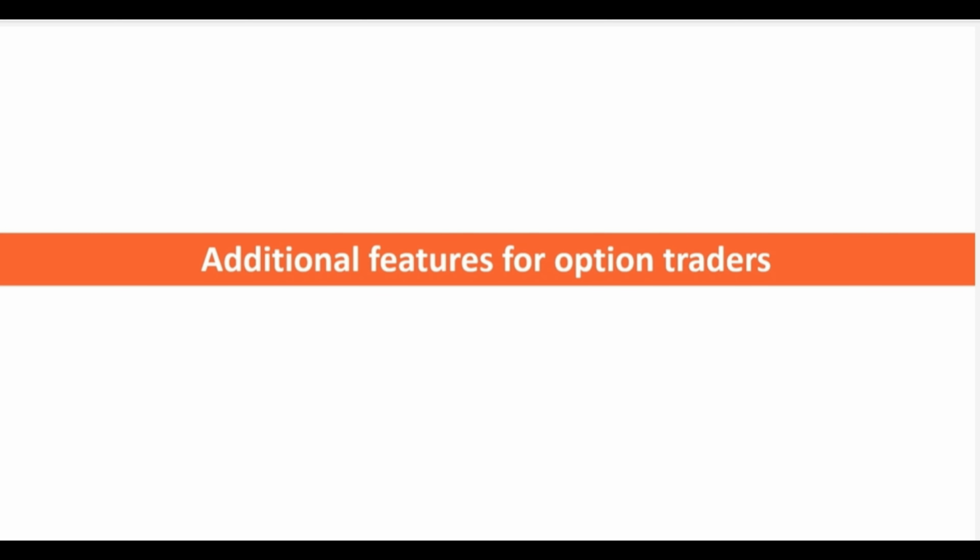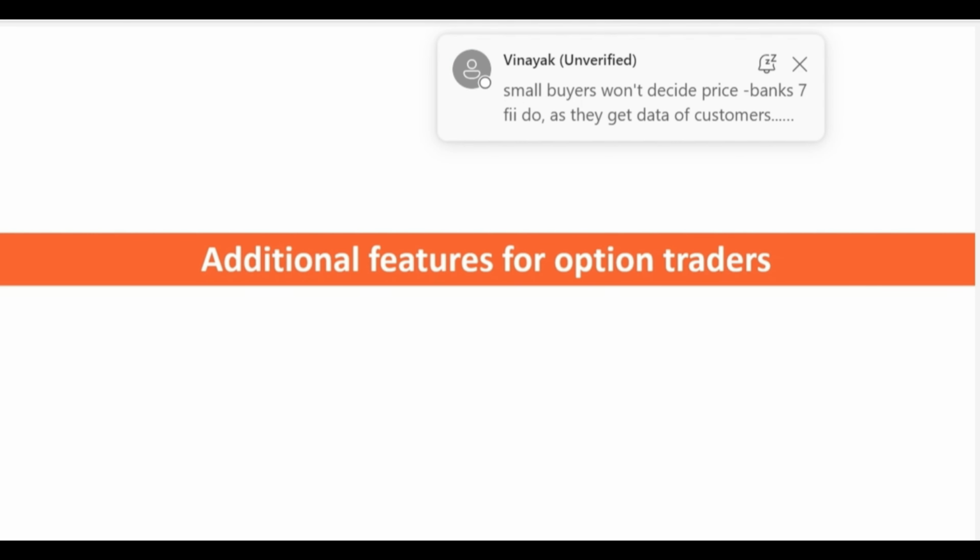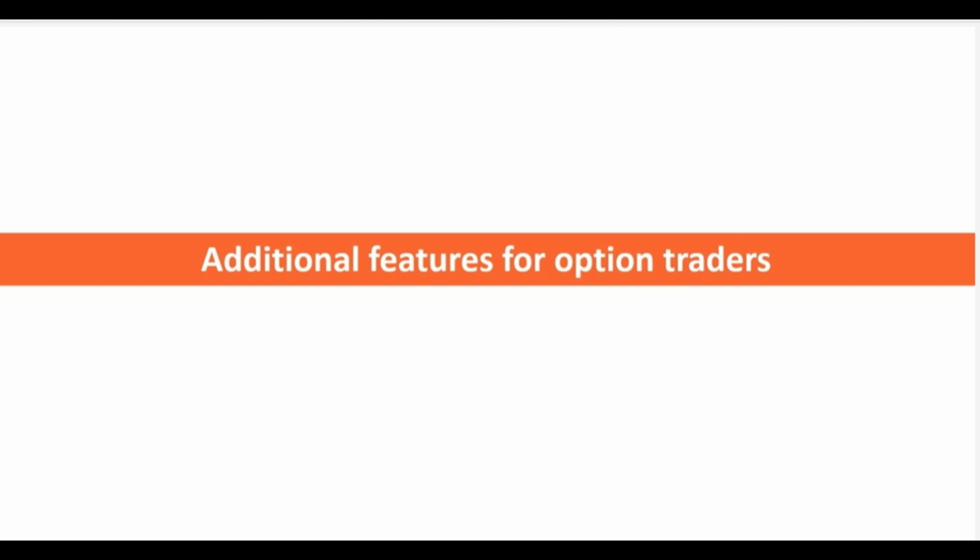Now, as per SEBI, this contract size should be at least 15 to 20 lakhs in this phase one. To match that contract value of 15 to 20 lakhs, Nifty's lot size will increase from 25 to 75. Bank Nifty's lot size will also increase from the current 15 to 30 and so on.